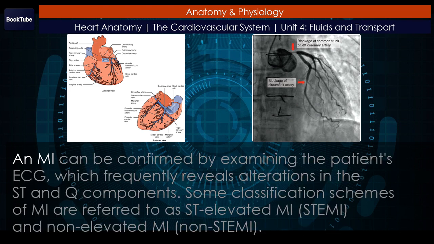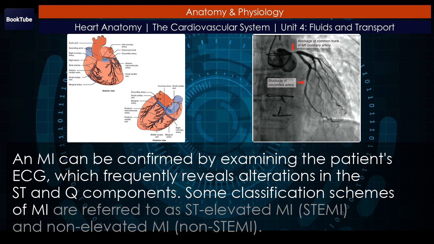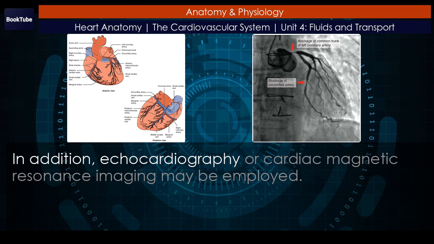An MI can be confirmed by examining the patient's ECG, which frequently reveals alterations in the ST and Q components. Some classification schemes of MI are referred to as ST elevated MI, STEMI, and non-elevated MI, non-STEMI. In addition, echocardiography or cardiac magnetic resonance imaging may be employed.